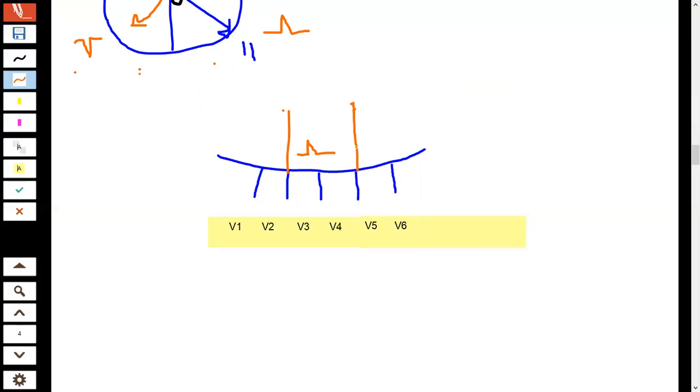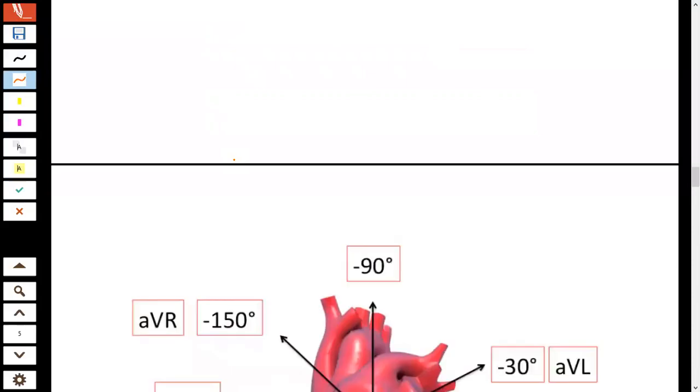But if it is rotated to the extreme left, we call it the left rotation, and if it changes in this direction, we call it the right rotation. That's how the vectors are rotated and deviated, and all the changes we can clearly see on the ECG.